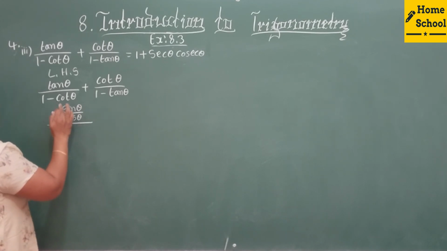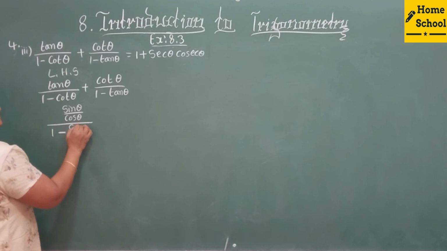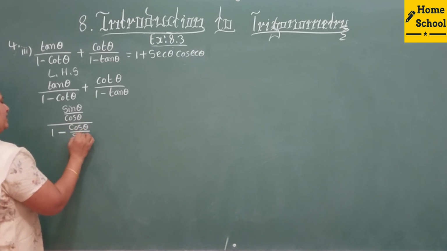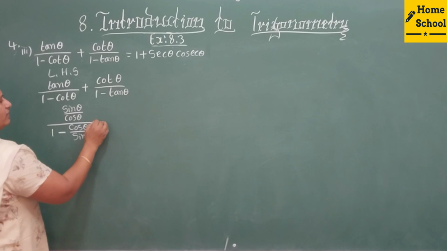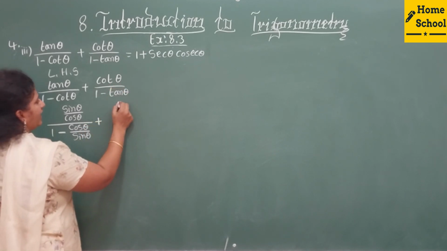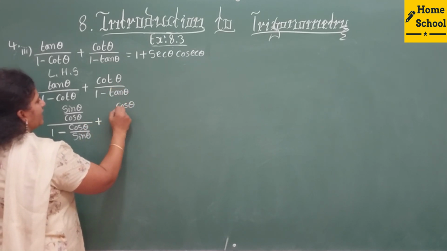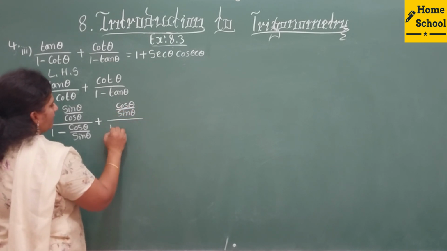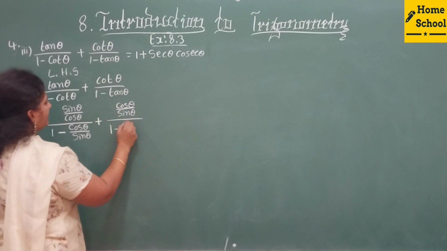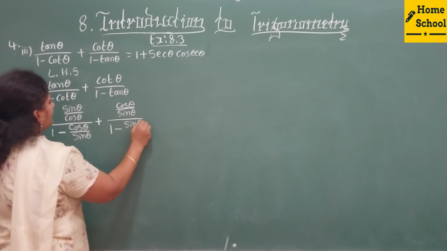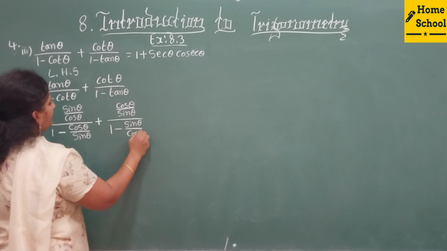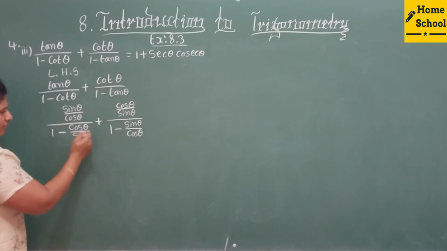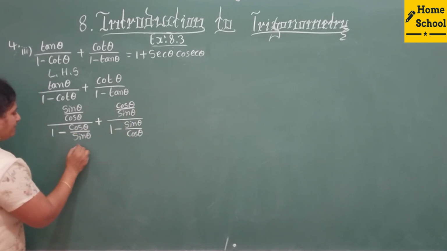Now 1 minus cot theta can be written as 1 minus cos theta by sin theta, plus cot theta, write it as cos theta by sin theta, whole divided by 1 minus tan theta, which can be written as 1 minus sin theta by cos theta. Now do the LCM of the denominators.